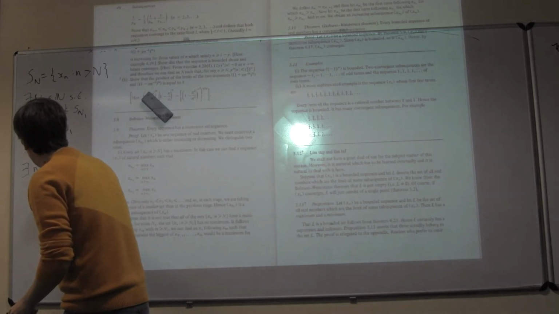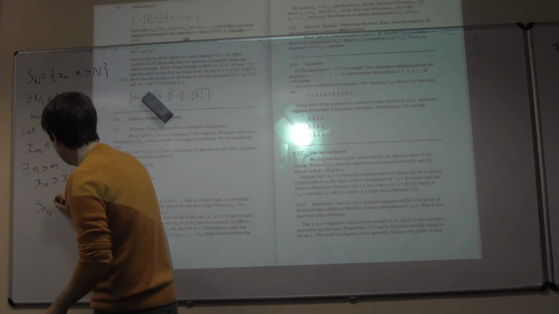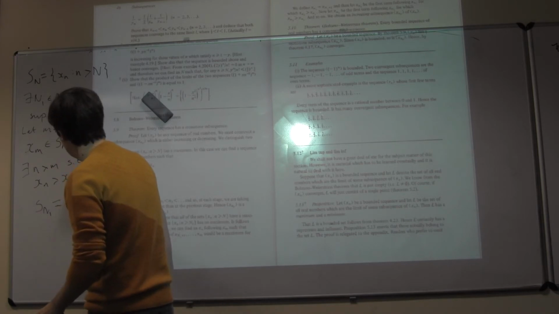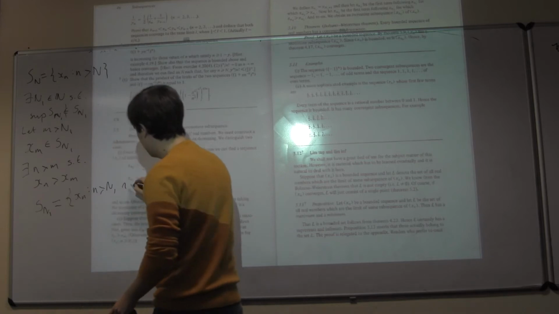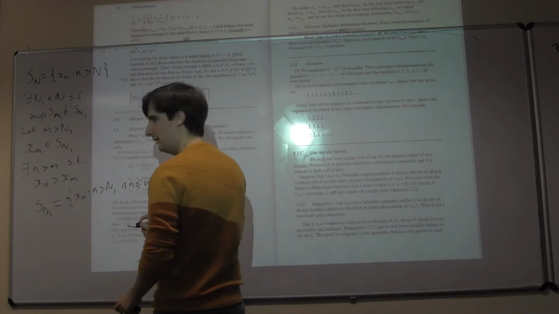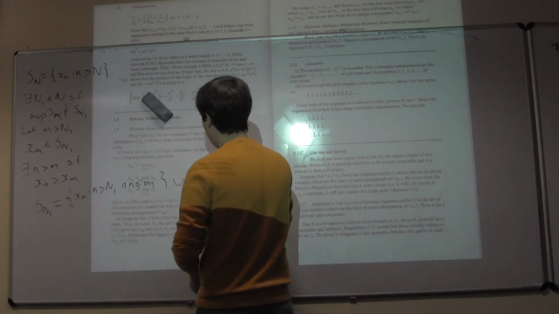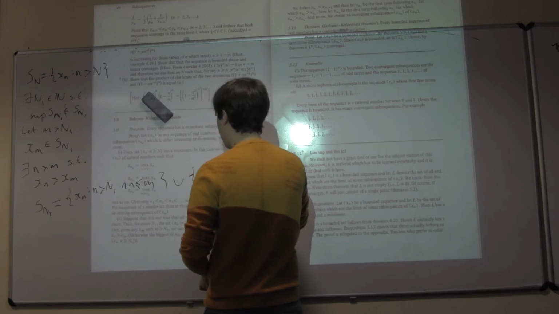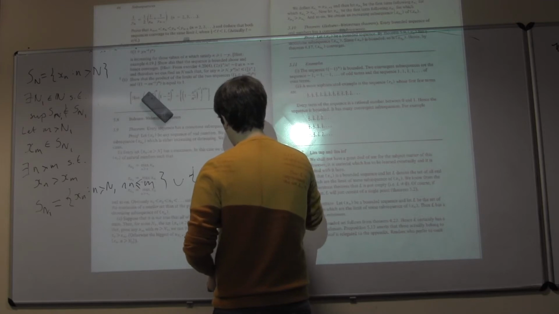So one way we can split S_n1 in two: S_n1 is equal to all of the x_n's where n is greater than N1 and n is less or equal to m, combined with another set, x_n, n strictly greater than m.